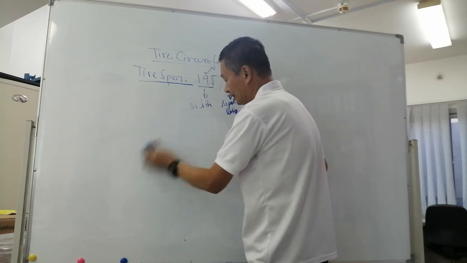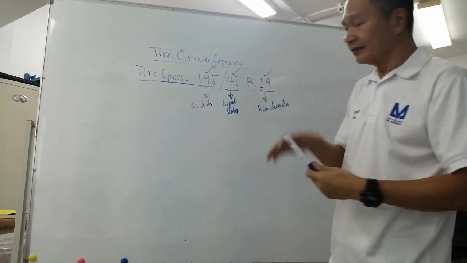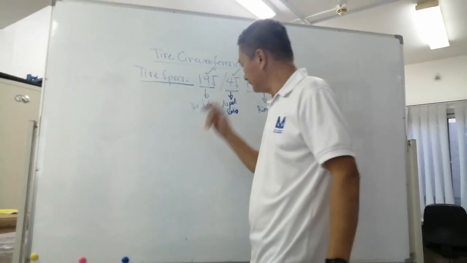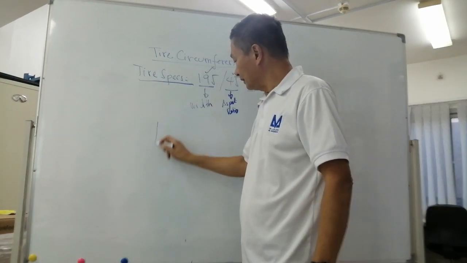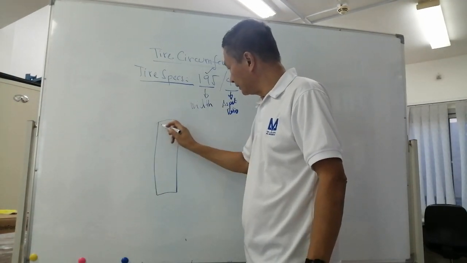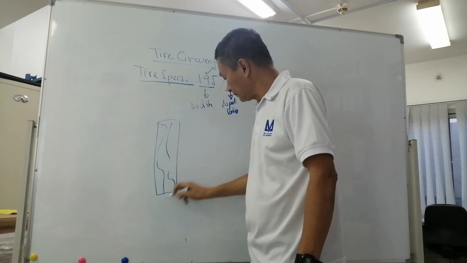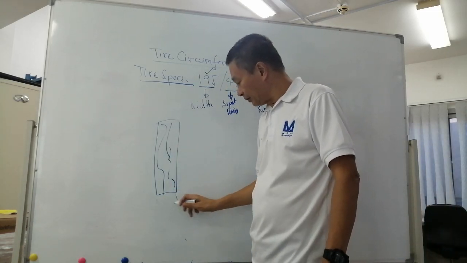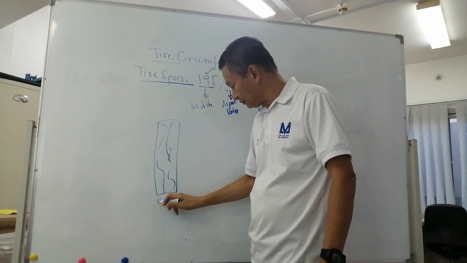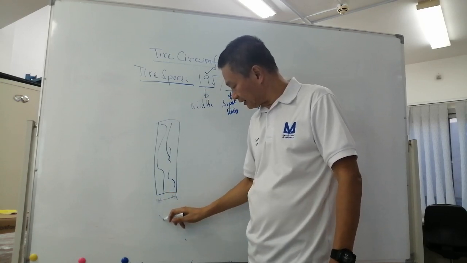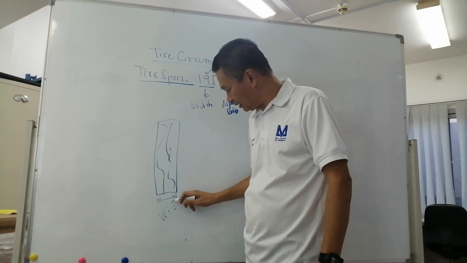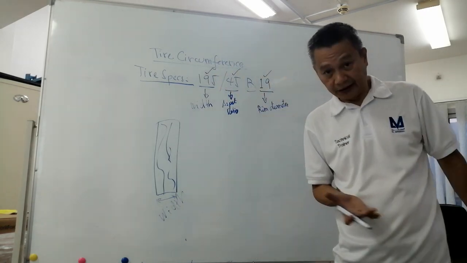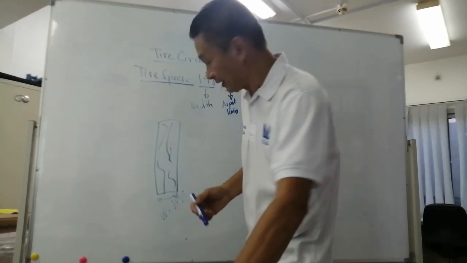Now, just to give you an idea about the tire. If this is your tire, from this point to this point represents the width of the tire.